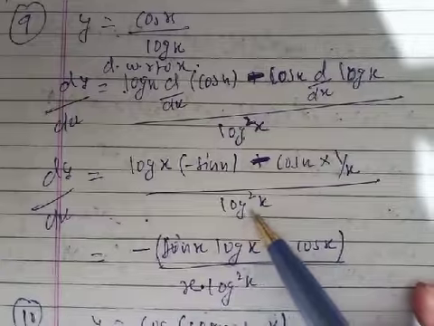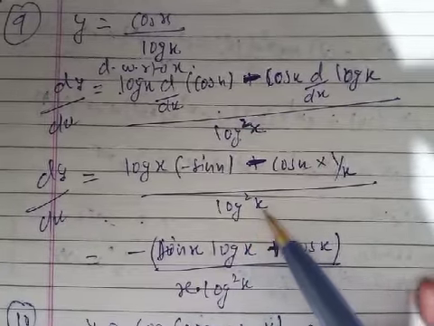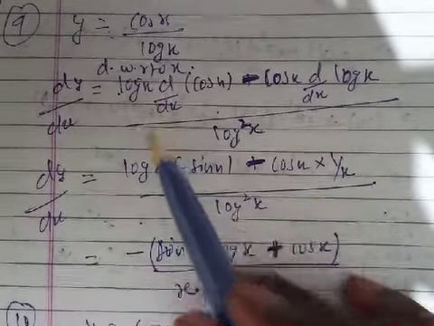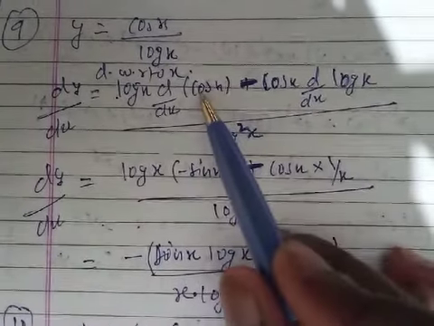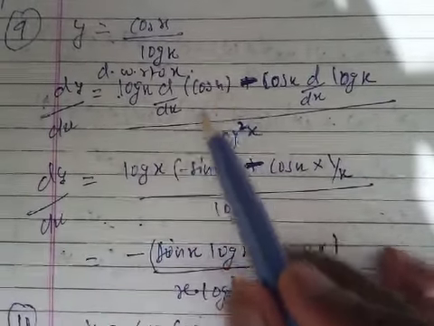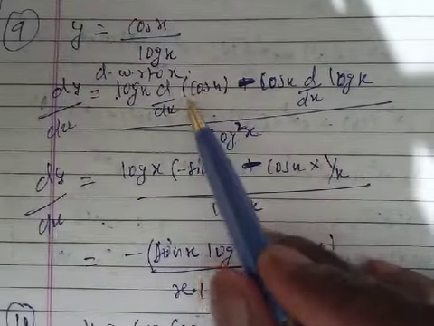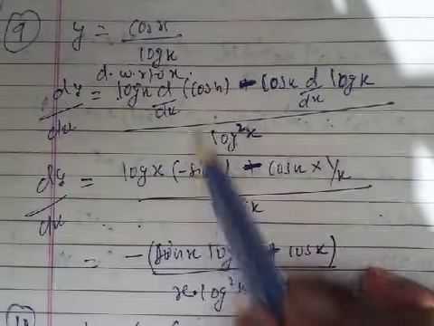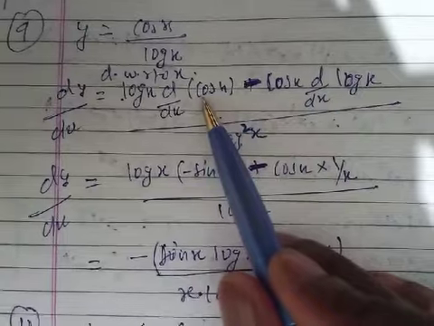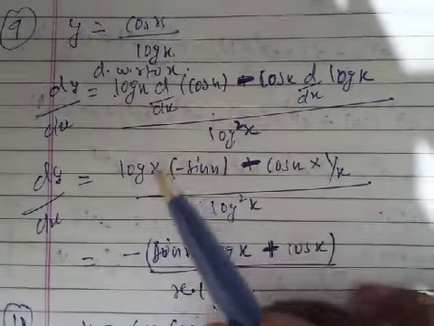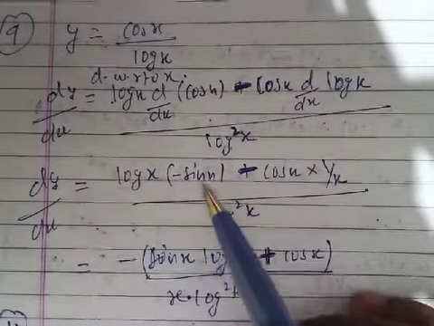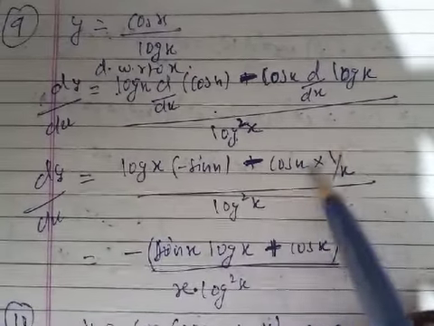So log square x, log x as a constant, derivative of cos x is minus sin x. Remember that wherever there is a co, it is minus. Wherever there is a C, it is always minus. Cos x or cosec x or cot x, it is always minus in derivative. So log x into minus sin x minus cos x.